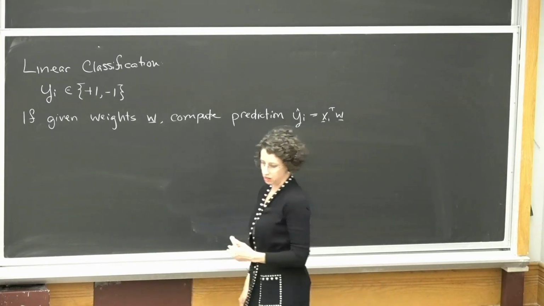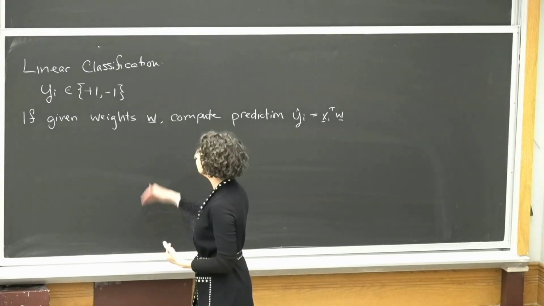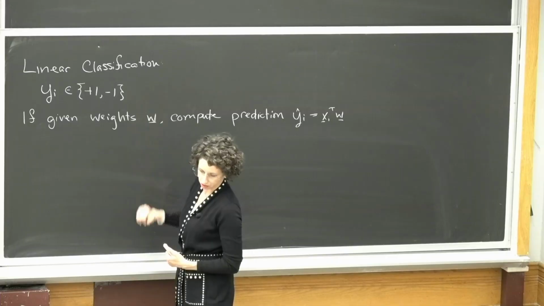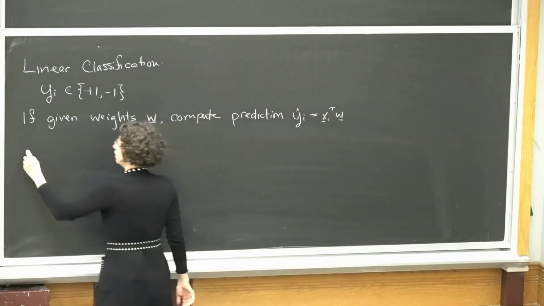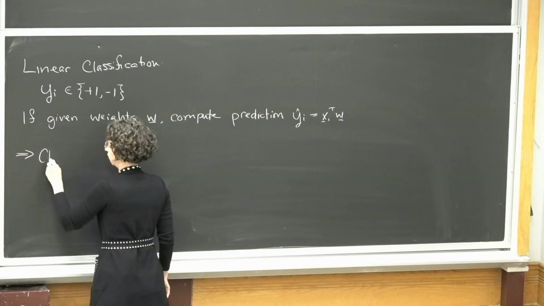And so when we want to do classification, we want to predict this positive or negative label. And so what we do then is we form a classification rule.